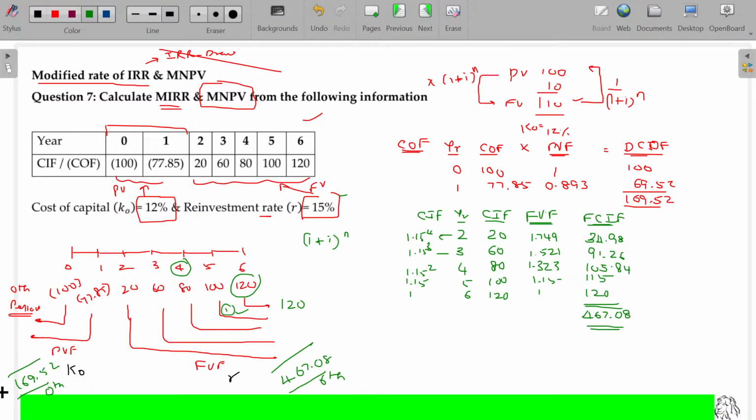Let's see. I'll start with 18 and 19 percentage. At the 0th period, you have 169.52. This becomes 467.08.